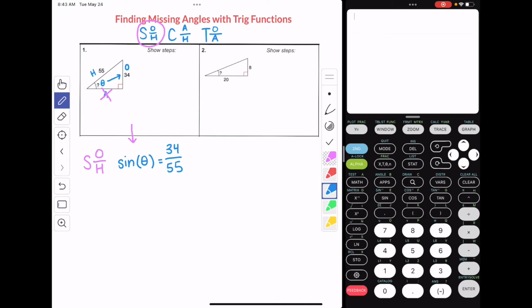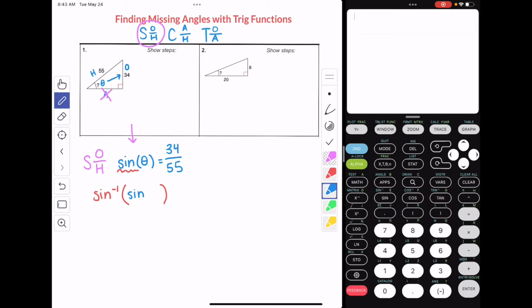So now, just like we did in the problems prior to this, I want to get rid of this sine, right? That's what's with my theta or with the value that I don't know. So in order to get rid of the sine, I'm going to go ahead and do the inverse. So I'm going to write it just like this so that I have sine inverse. And I'm trying to show you in different colors here.